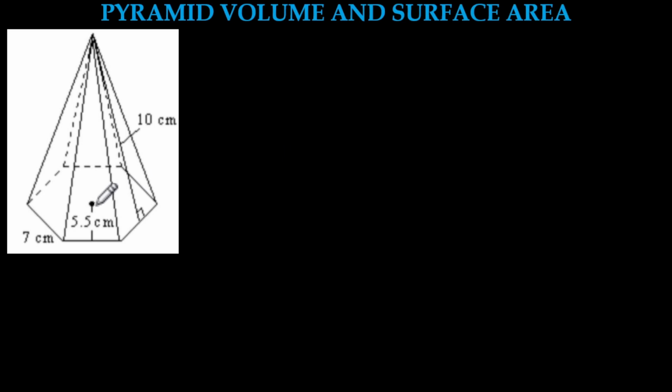Here we have a regular hexagon pyramid. All the sides are equal. And we're not going to draw the net for this one. We'll do it differently. So to find the surface area, I'm going to find the area of the 6 triangles. So it's going to be 6 times 1/2 base times height.